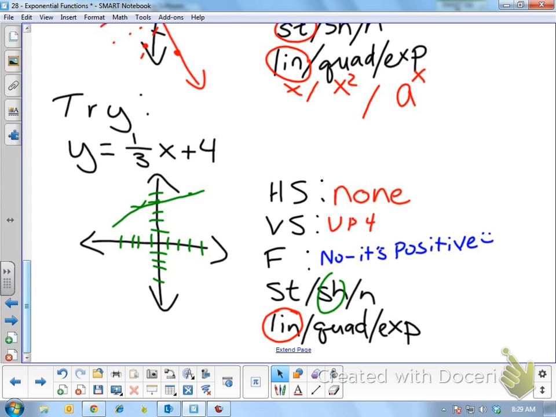And then it said go up 4, so from the center we counted up 4. And then we used this number to tell us the slope. From here we went up 1, right 3, and drew our straight line. Okay. So again, it's all stuff you've seen before, but it's just named differently.